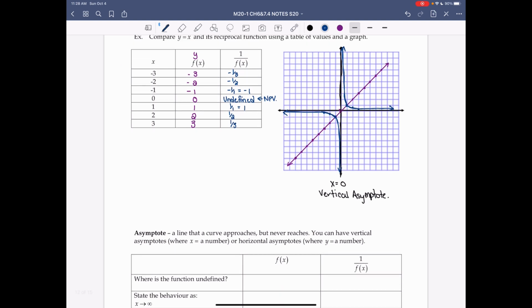Now let's talk about the points that are the same. So we see we have these 2 points, and those 2 points are the same on both graphs. Those are called invariant points.